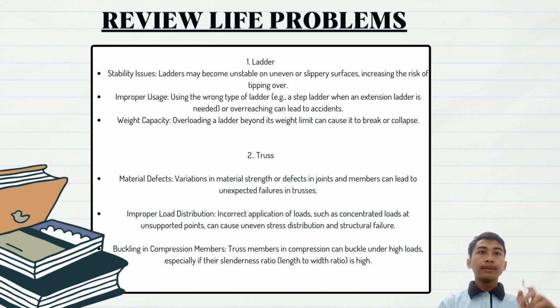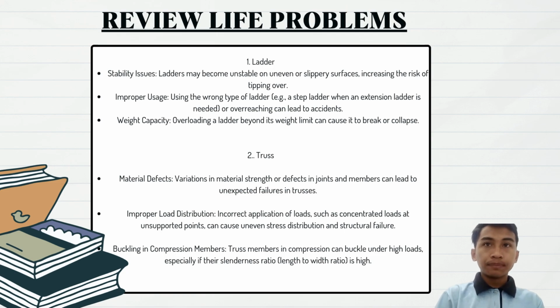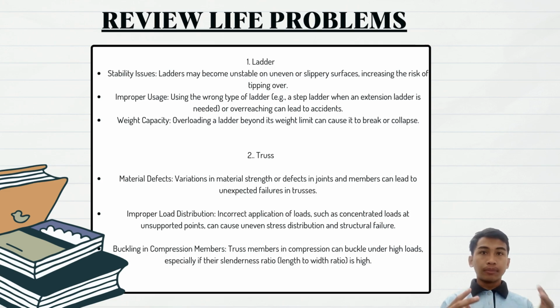Okay, example number 2, truss. Material defects: variations in material strength, or defects in joints and members can lead to unexpected failures in trusses. Okay, number 2, improper load distribution: incorrect application of loads such as concentrated loads and unsupported points can cause uneven stress distribution and structural failure.